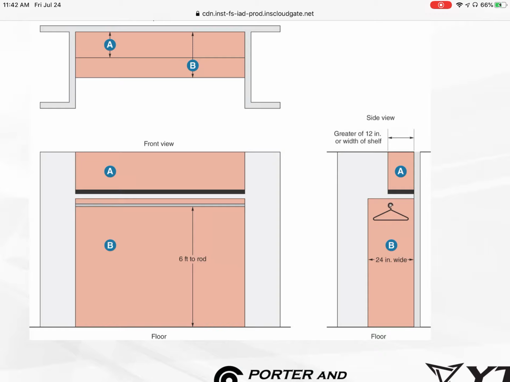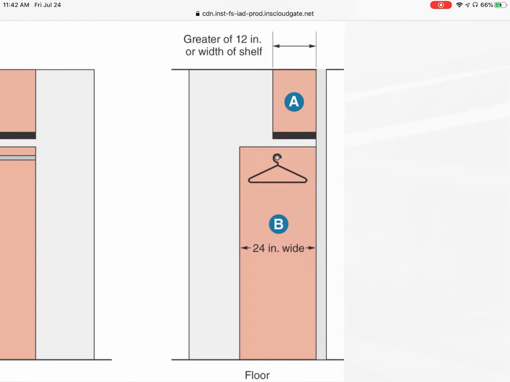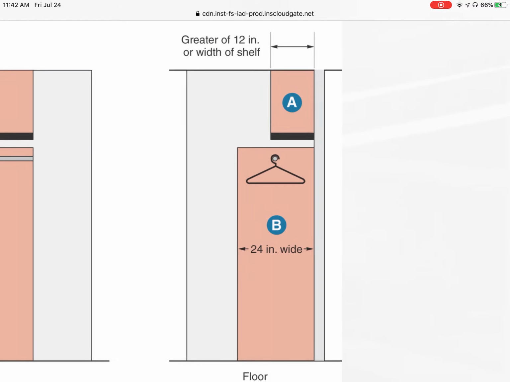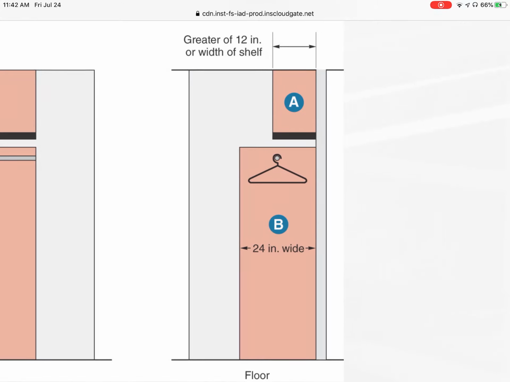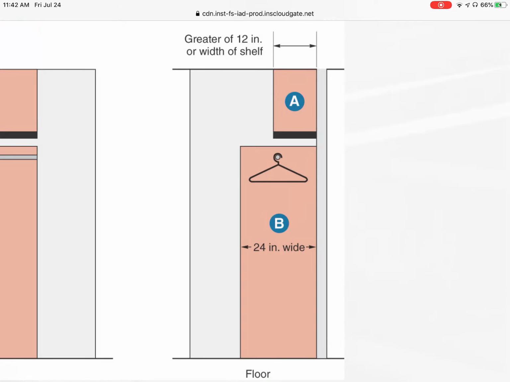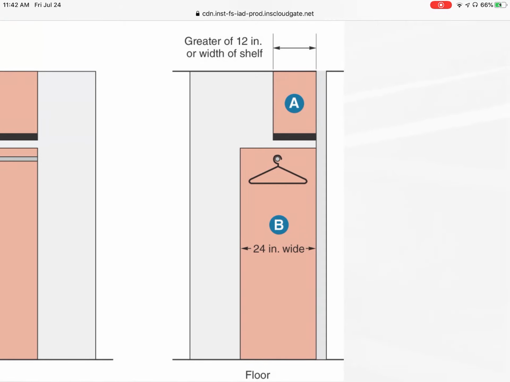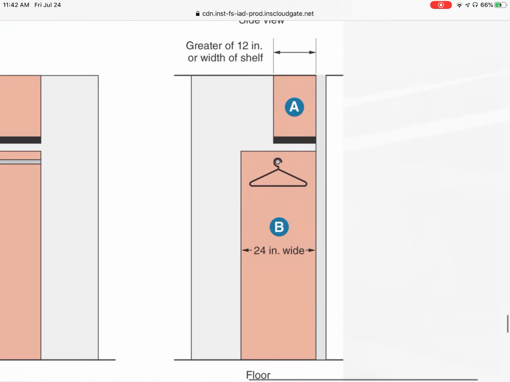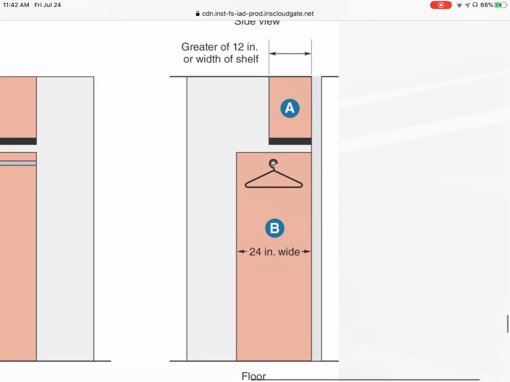And as far as the lower portion, the B portion, it's going to be at least 24 inches in width down to the floor. And basically to the bottom of the shelf, I guess, really, is considered your storage space. So the gray area is considered non-storage space. So our lighting can be in that area on the wall, above the door, or up in the ceiling area.